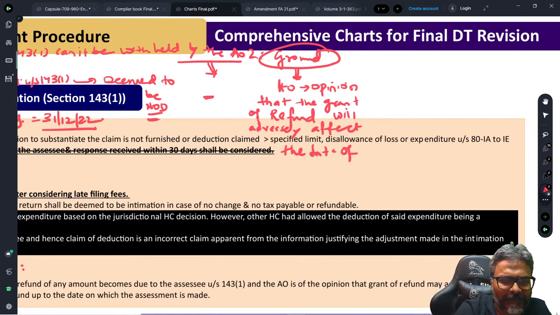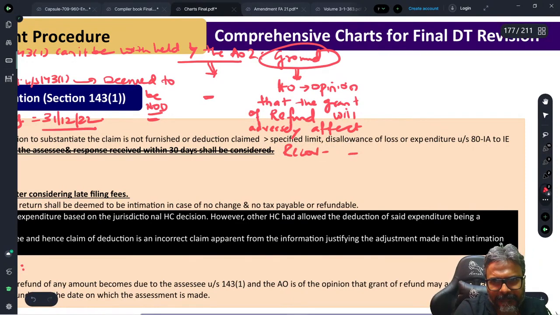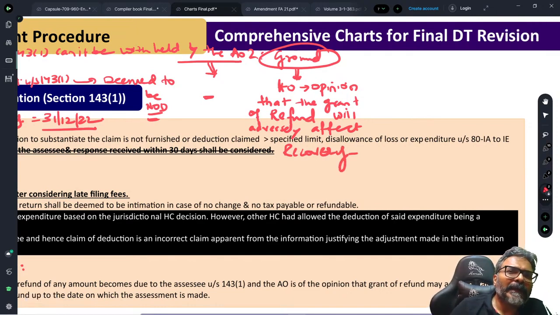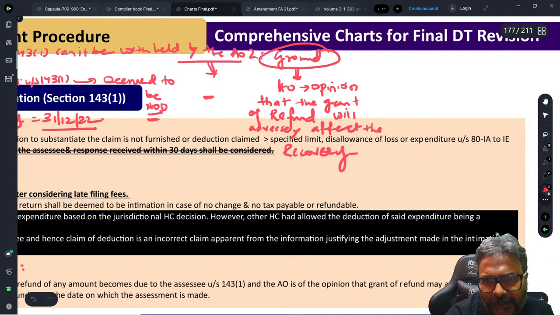Or may I say, adversely affect the recovery. So the grant of refund will adversely affect the recovery. That is point number 1. So this is the ground.